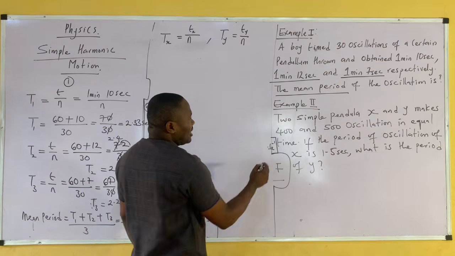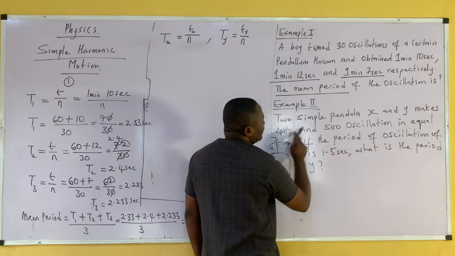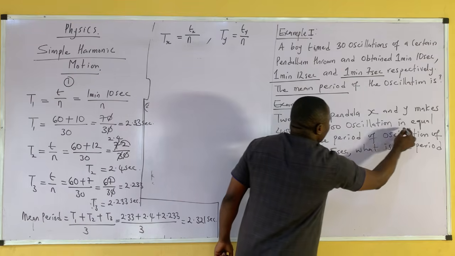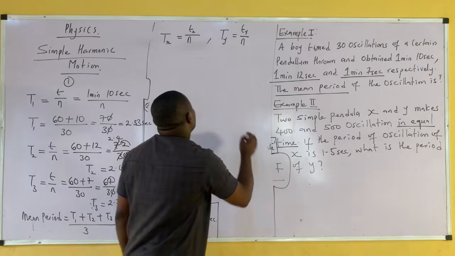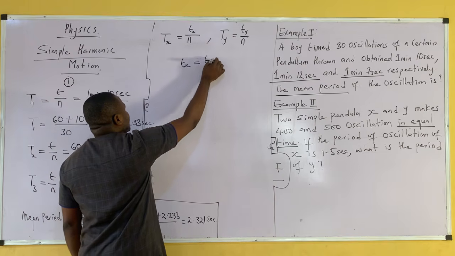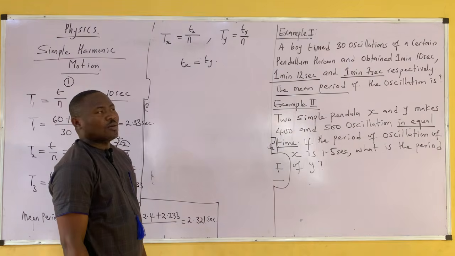Now they said that the two pendula X and Y have these numbers of oscillation in equal time. So it means that our Tx is equal to our Ty.